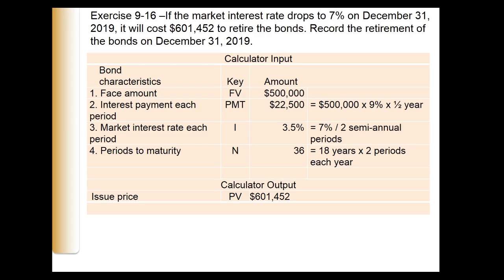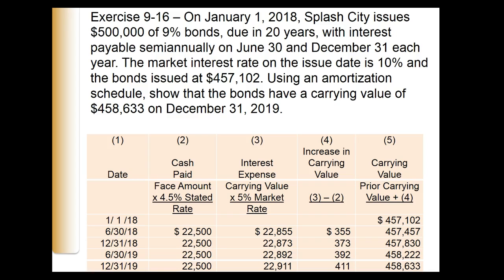If the market interest rate drops to 7% on December 31st, 2019, it will cost $601,452 to retire the bonds. Our job is to record the retirement of the bonds on December 31st, 2019. Now remember, what was the carrying value on December 31st, 2019? $458,633 is our carrying value.